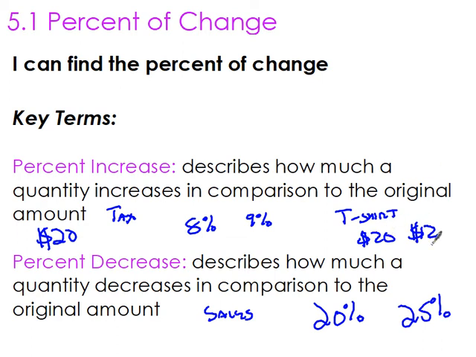That means they marked it up by a certain percentage. That's a percent increase. They wanted to make a profit. But the most common example for increase is taxes. Decrease is when things go on sale.